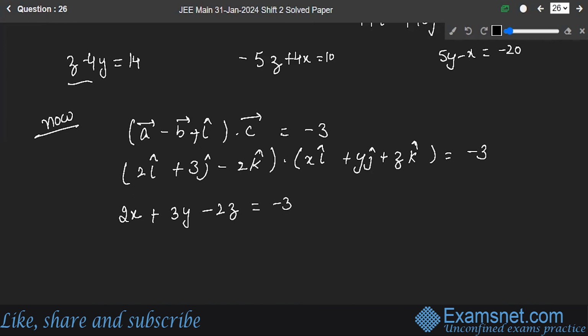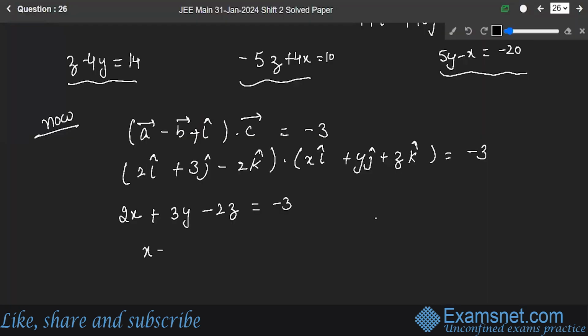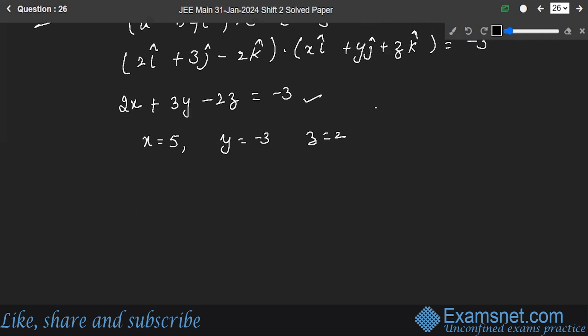And you already had these equations 1, 2, and 3. Solving all of them, you will get the value of x as 5, y will come out to be minus 3, and z you will get 2. So these are the four equations. You can easily get the value of x, y, z from here, and you have to find out the modulus, the magnitude of the C vector.